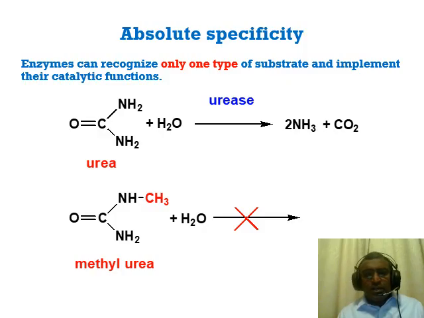And you can see that methylurea, due to the presence of methyl, is unable to fit into the active site, therefore it will not be converted to product. But urea can be, because it has the shape of the active site of urease, and therefore it can be converted to ammonia as well as carbon dioxide.